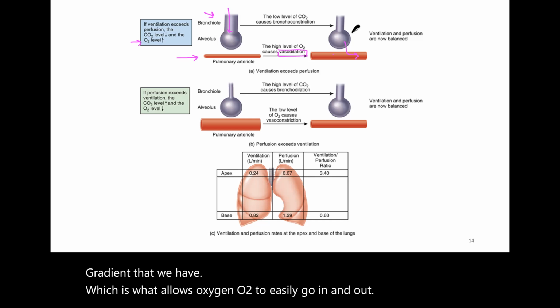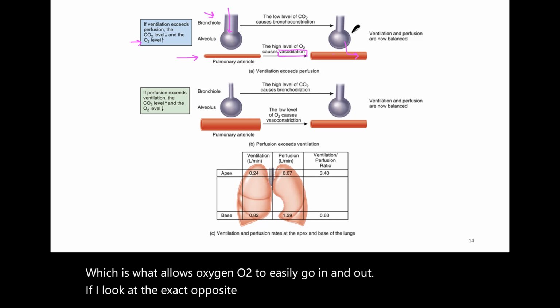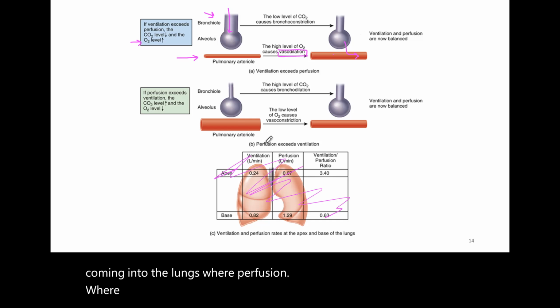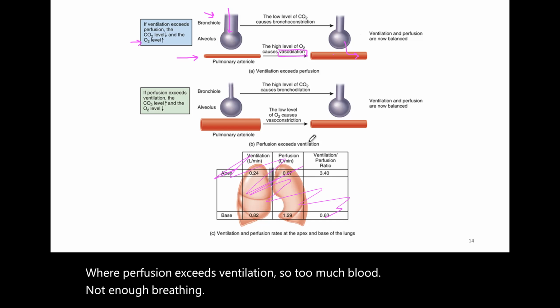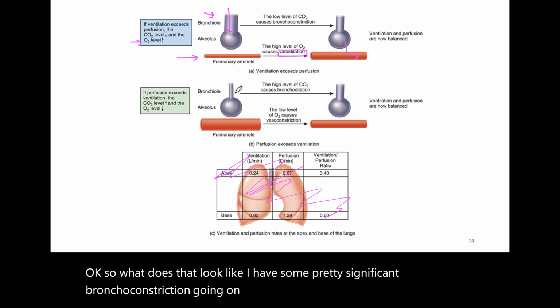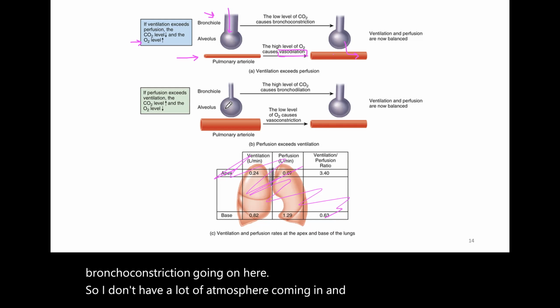If I look at the exact opposite situation, where I have too much blood flow coming into the lungs, where perfusion exceeds ventilation, so too much blood, not enough breathing. Okay, so what does that look like? I have some pretty significant bronchoconstriction going on here. So I don't have a lot of atmosphere coming in, and that means I don't have a lot of oxygen.